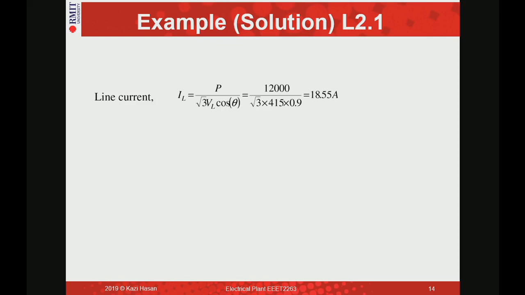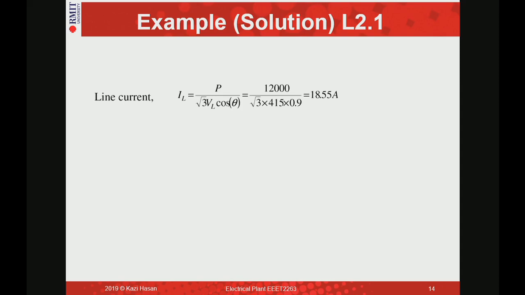Then it was asking for phase currents. This is a delta connected circuit. So the line current goes and it divides into two phases. So line current and phase current are not the same. So how do we determine the phase current?